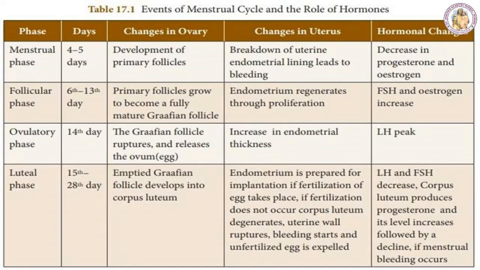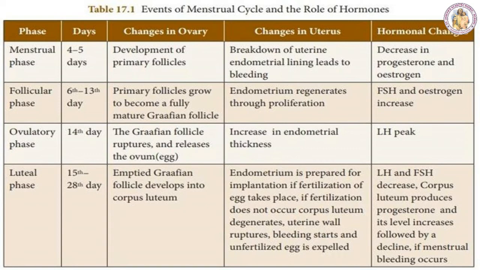Here we have a table of events of the menstrual cycle and the role of hormones. Phase, days, changes in ovary, changes in uterus and hormonal changes. First, the menstrual phase, that is 4 to 5 days, with development of primary follicles, breakdown of the uterine endometrial lining leading to bleeding.